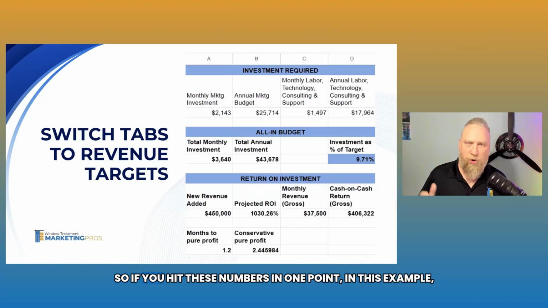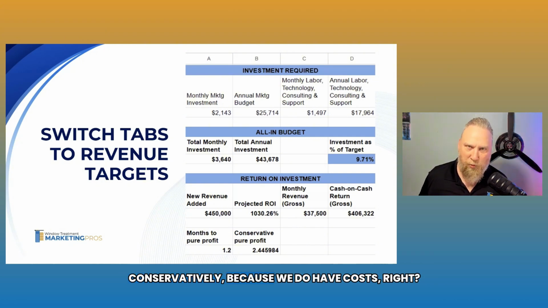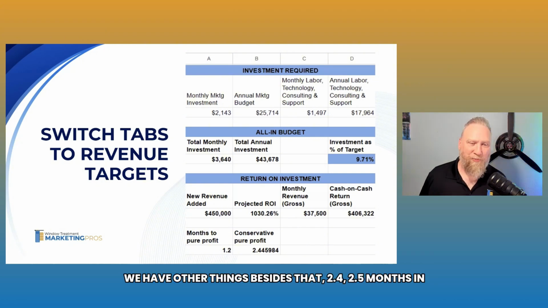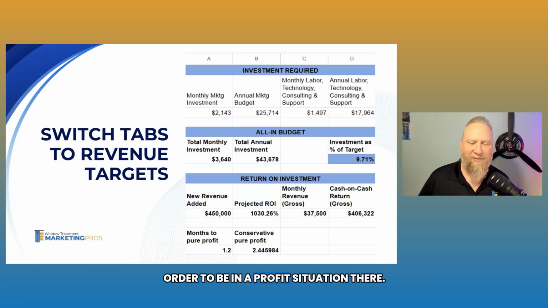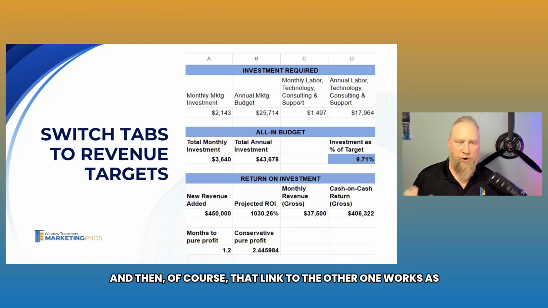So if you hit these numbers in this example, 1.2 months, you'll actually be in a profit situation. Conservatively, because we do have costs, right? We have other things besides that, 2.4, 2.5 months in order to be in a profit situation there. So very cool little worksheet. And then of course that link to the other one works as well.